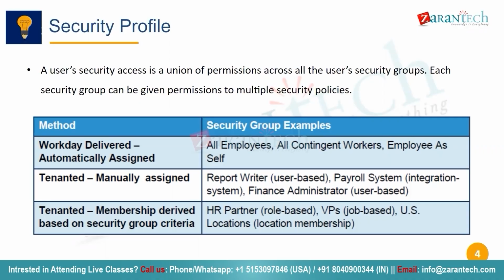Whenever any employee is hired on a particular role, then these security groups will be automatically assigned based on the membership criteria that is defined in the security group. So these are the different types of methods in the Workday tenant: which are automatically assigned, which are manually assigned, and then based on your particular role, the defined security group will be assigned to the employees.